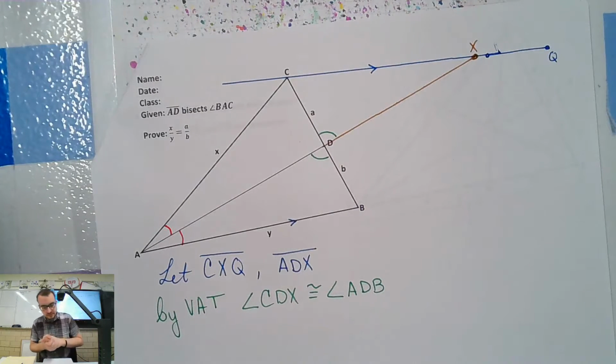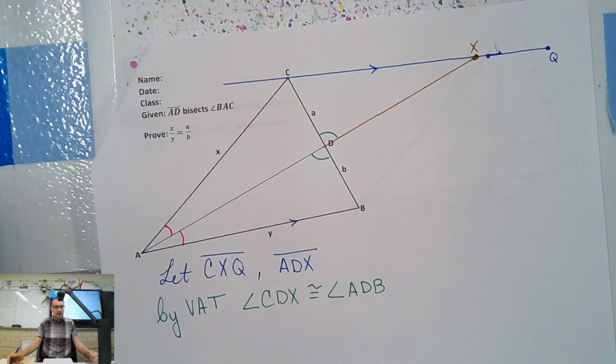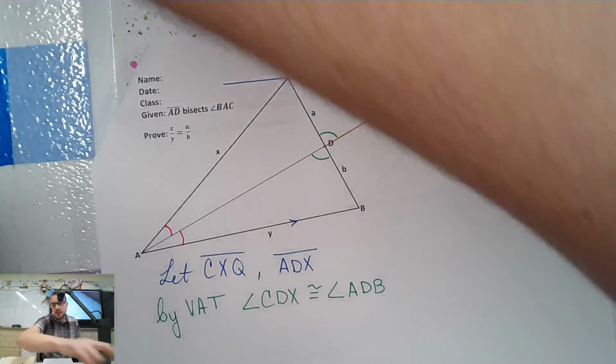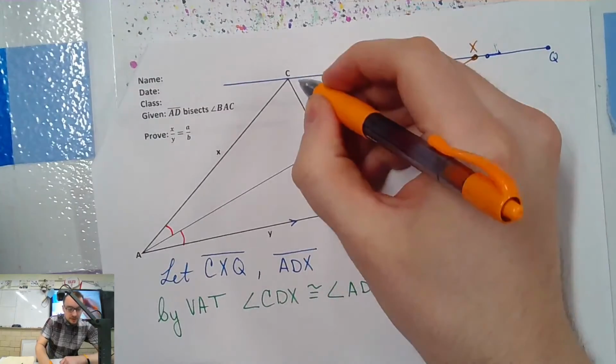What else do you see? It would help if I extended my parallels, right? Probably. But imagine I did, so I don't have to write it. Jess, what do you see? That's correct. So these two angles are alternate interior, aren't they?